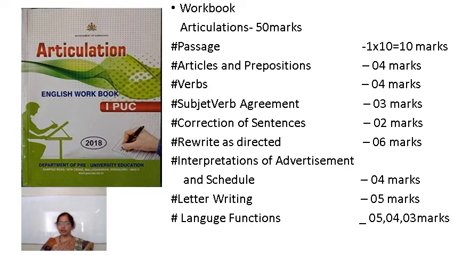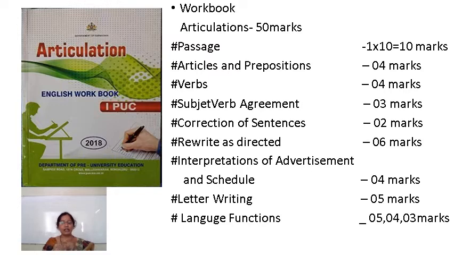Then verbs, which is again for 4 marks. Again this question will be chosen from your textbook. Remember, what I mention from the textbook is mandatory. In your annual examination, these questions will compulsorily be asked from your textbook.